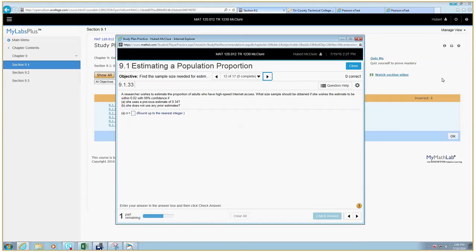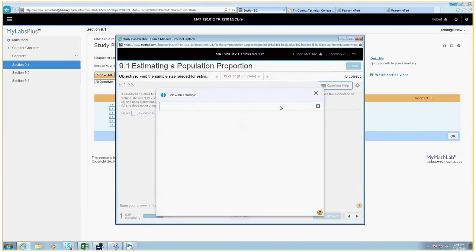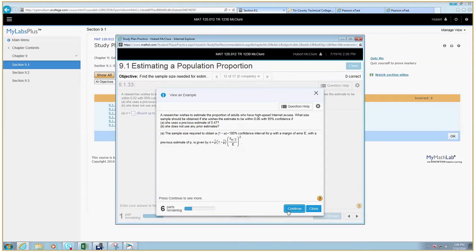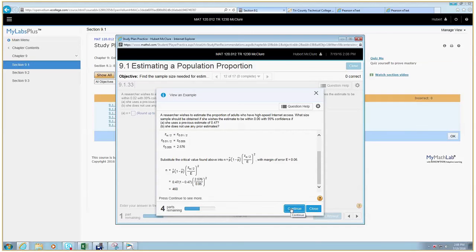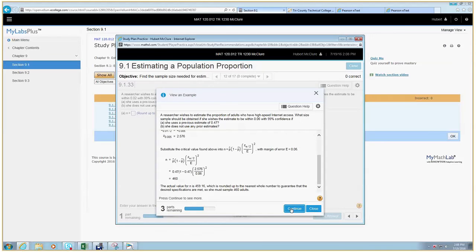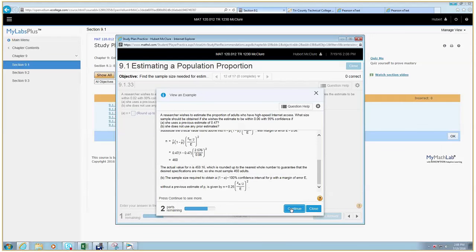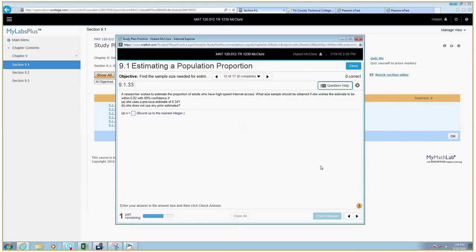We went over the first one. So you're going to need this formula.